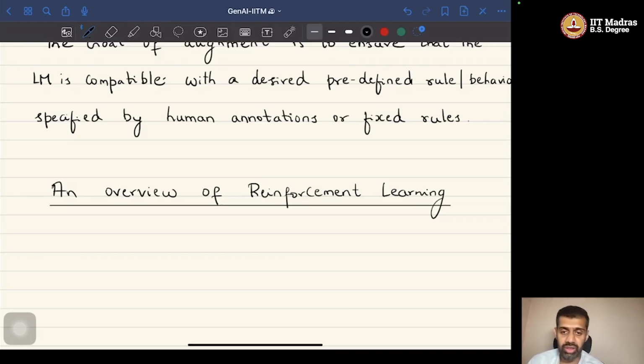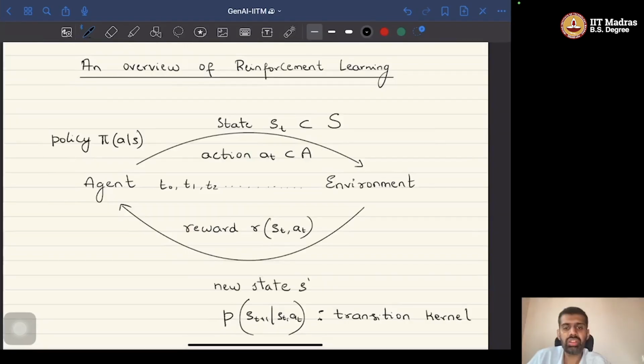If it's positive feedback, then our behavior gets reinforced. If the feedback is negative, then we change that particular behavior and move on to a different behavior. So this is the fundamental idea of how human beings learn, and this is mimicked in the reinforcement learning paradigm.